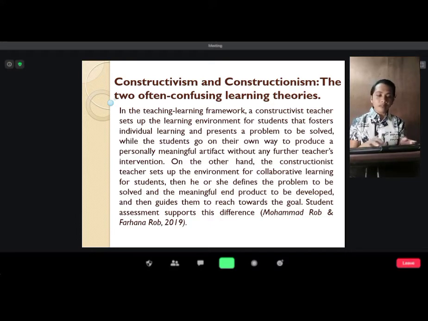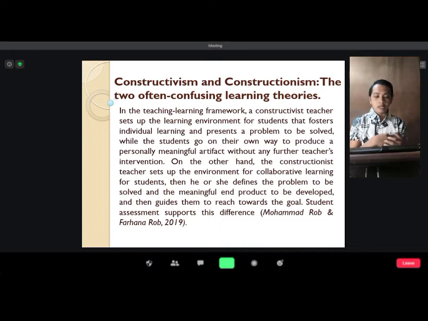Under constructivism, for example, the teacher encourages the student to think or to construct knowledge based on the materials presented by the teacher. Here the learning is based on individual interpretations of the experience.